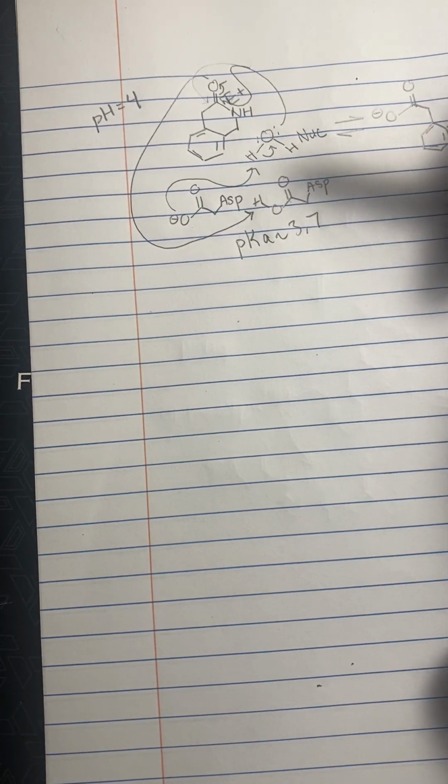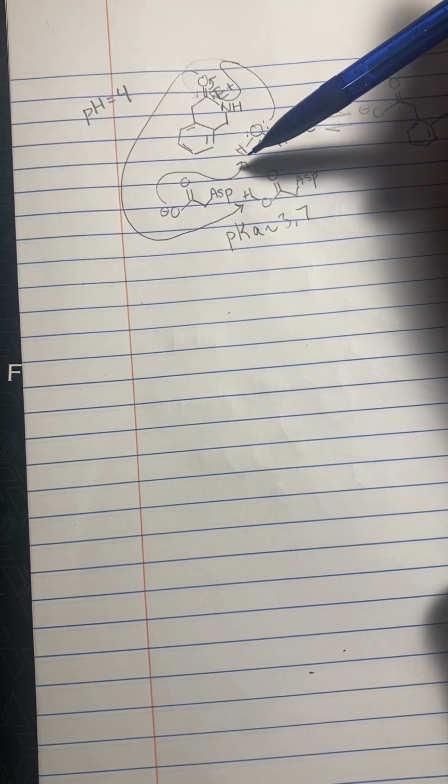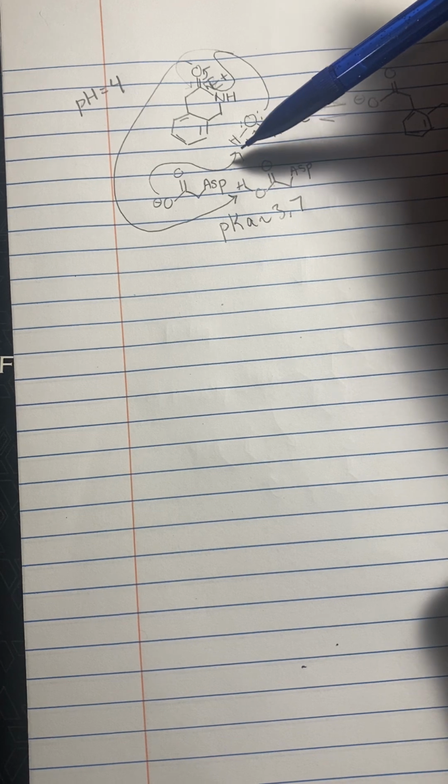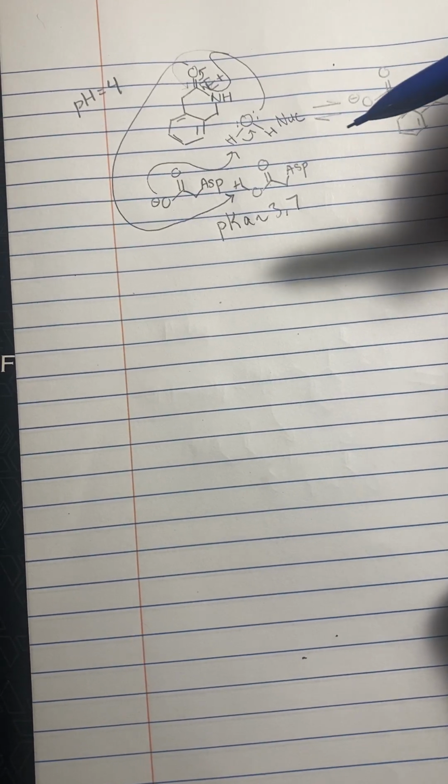So already we can see that base catalysis is occurring because this aspartate has acted as a base to facilitate catalysis. It's grabbed a hydrogen. And we can also see that acid catalysis is occurring because this aspartate has donated a hydrogen in order to facilitate catalysis as well.